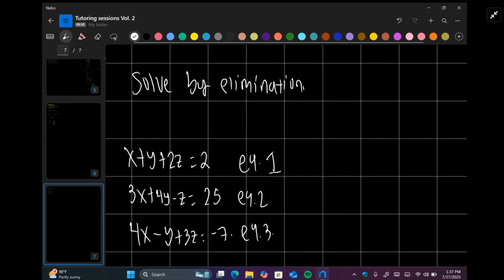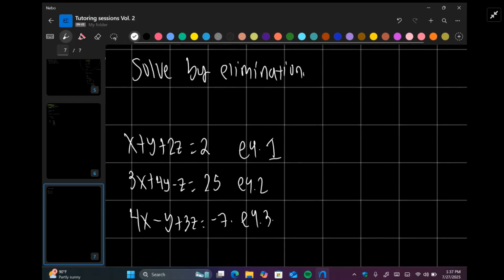We have x plus y plus 2z equals 2, 3x plus 4y minus z equals 25, and 4x minus y plus 3z equals -7. I went ahead and labeled these as equation 1, equation 2, and equation 3.